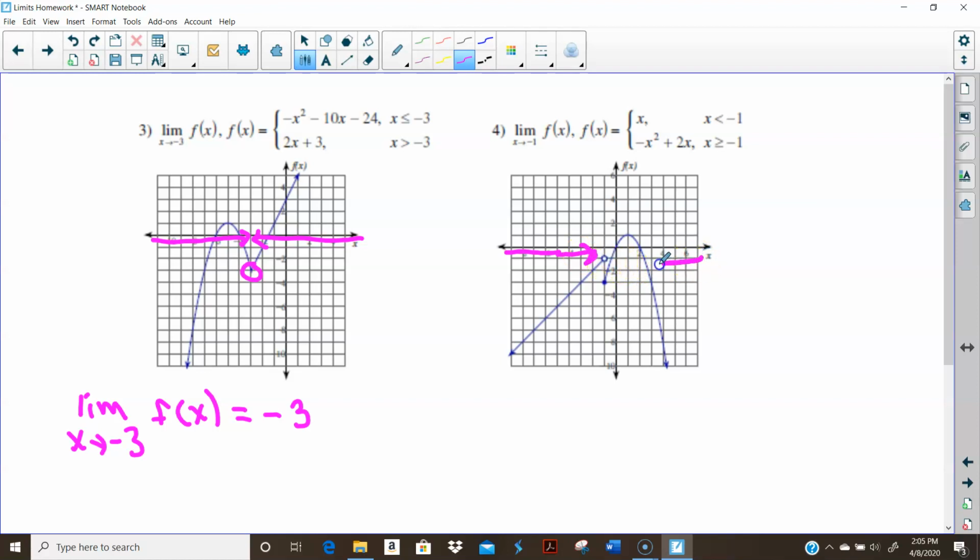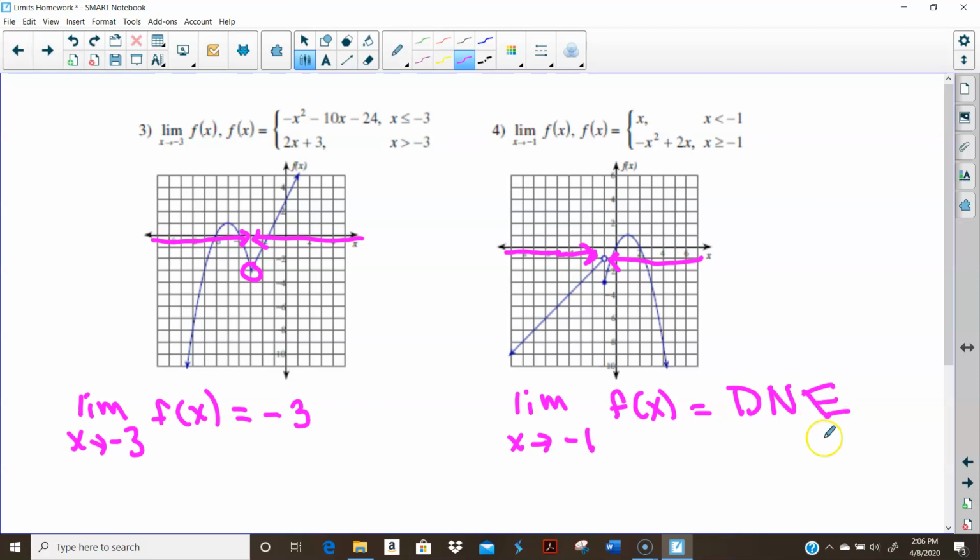And if I'm looking from the right-hand side as I come into -1, f of x is equal to -3. But because this graph jumps here, and my limit is not the same from the left and the right-hand side, that means that the limit actually does not exist. So the limit as x approaches -1 of f of x is equal to does not exist.